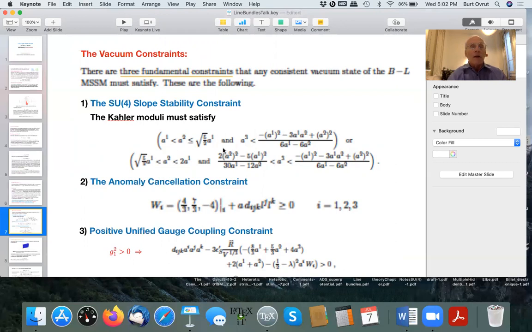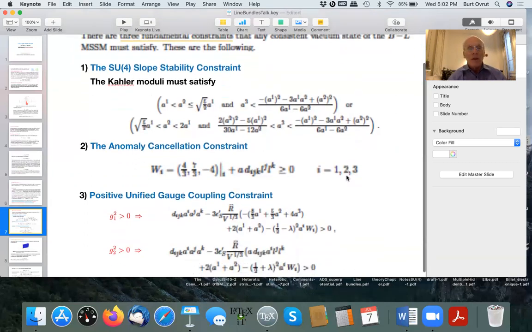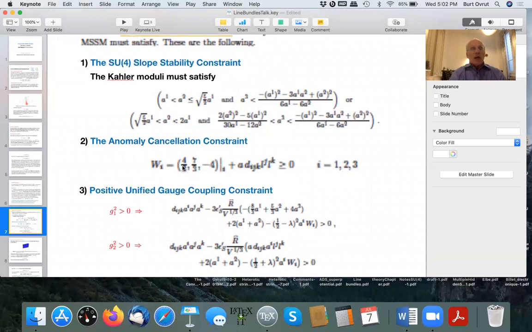So you had better be in this region or this region if you want to be slope stable for SU4. We said that we had one 5 brane and it has some effective class Wi, and each of its components has to be greater than or equal to 0. It's got 1, 2, 3 components, each of them has to be greater than or equal to 0.